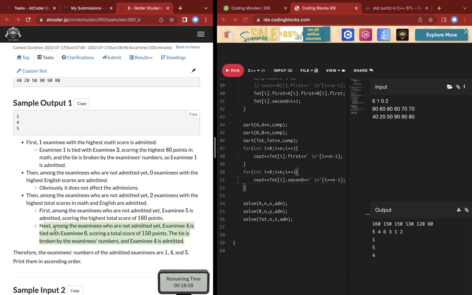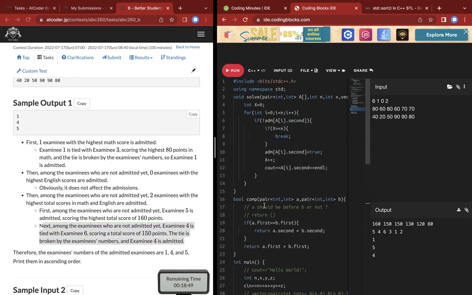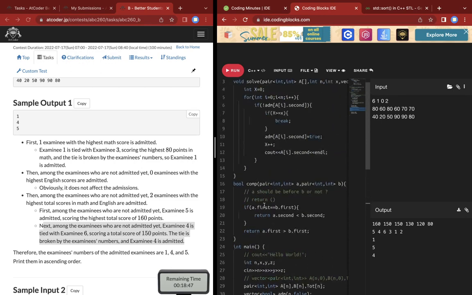Oh, I have to print them in ascending order. So the order is not wrong. We just have to print them in ascending order. But why this?